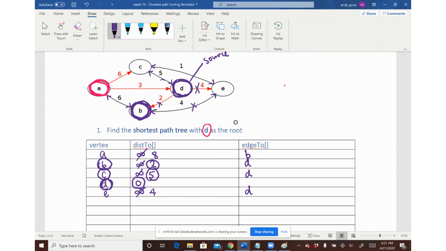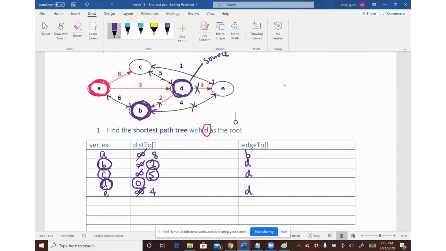No, you don't have anything to A from C. Can I relax E? I have a 1. Can I relax E to get better than 4? I'm coming from C, so I cannot do that, because I already spent 5 to go to C. If I add another one, that will be 6. So I cannot do that. So I'm done.